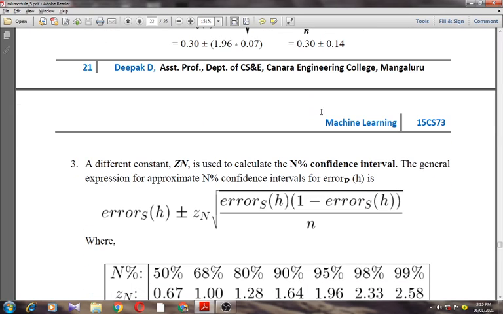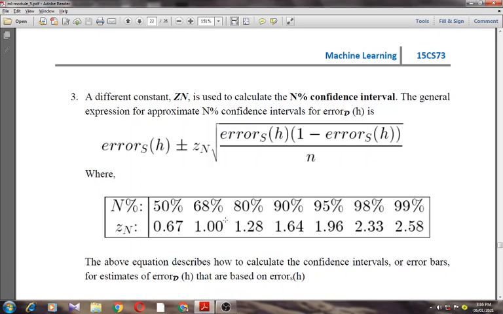The above expression for 95% confidence interval can be generalized to any desired confidence level. The constant 1.96 is used in case that we desire a 95% confidence interval. A different constant, Zn, is used to calculate n percentage confidence interval. So the general expression for approximate n percentage confidence intervals for error D of H is error S of H plus or minus Zn square root of error S of H into 1 minus error S of H whole divided by n.